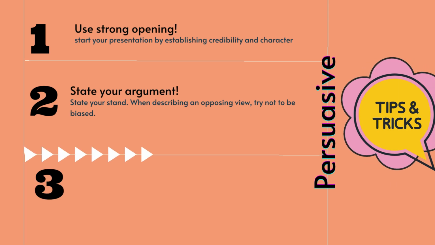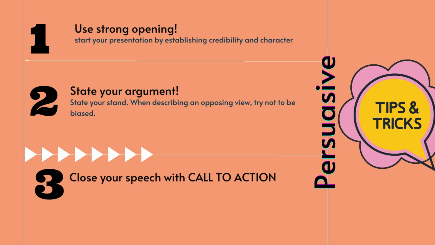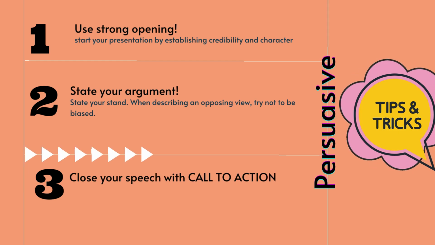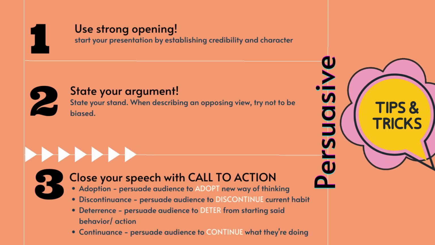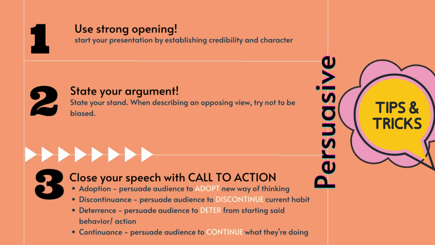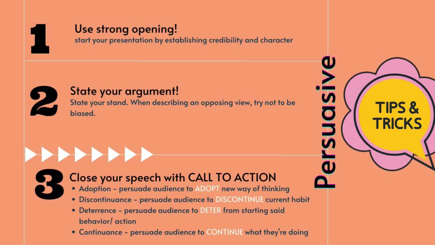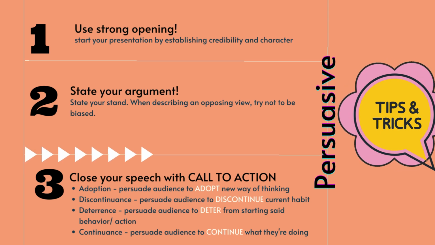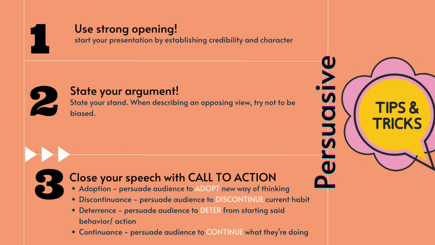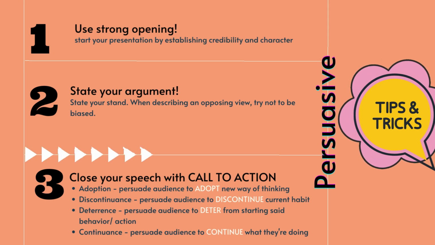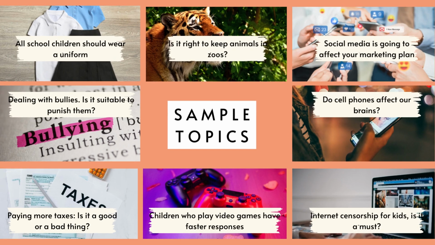When concluding your presentation, conclude by using the right call to action. You can encourage your audience either to go for adoption, discontinuance, deterrence, or continuance of a habit or idea. And here are some topics for persuasive presentation for your reference.